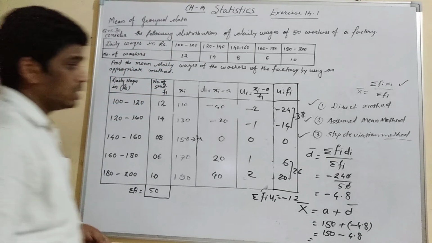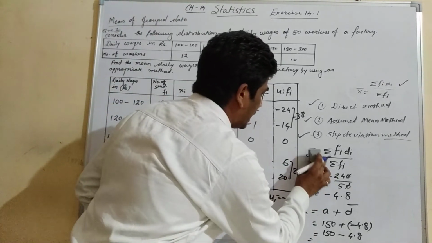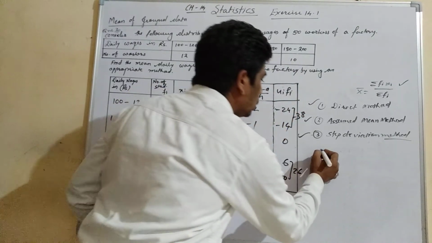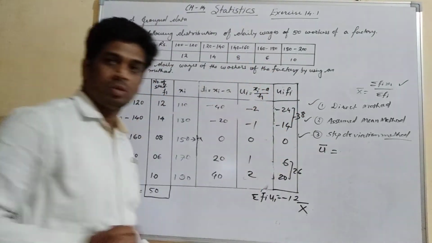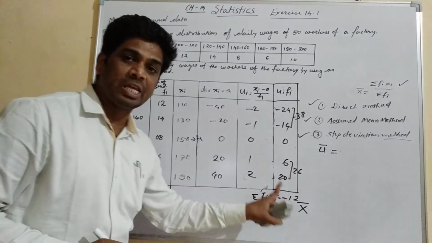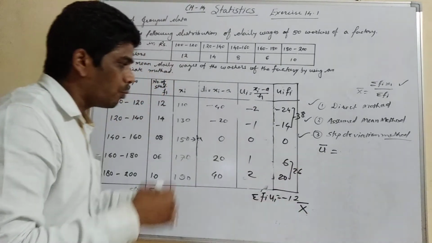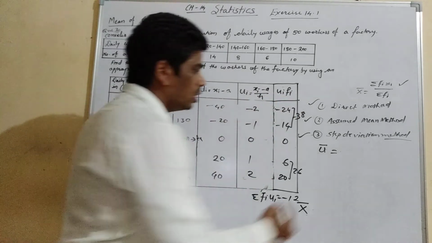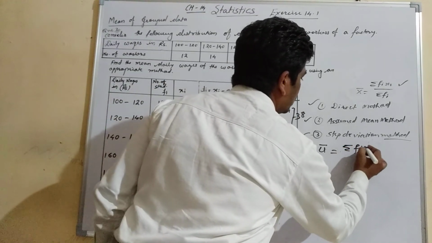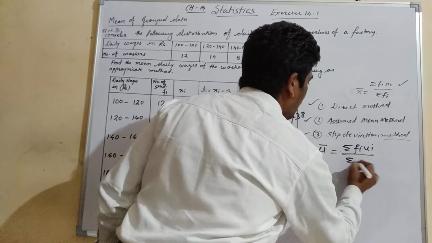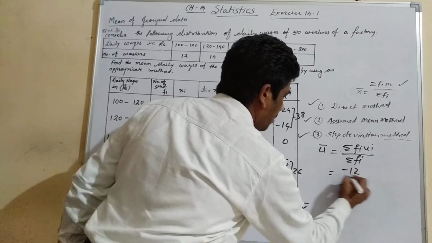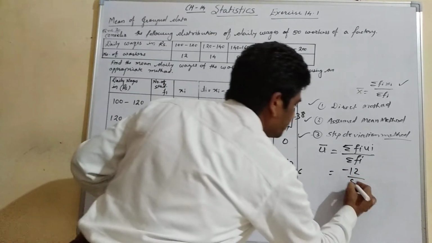Now in place of d bar, in this method we will find the u bar. So for u bar, obviously summation of fi into ui you got. So obviously we will use summation fi ui upon summation of fi. Okay, so this is minus 12 upon this, we got 50.